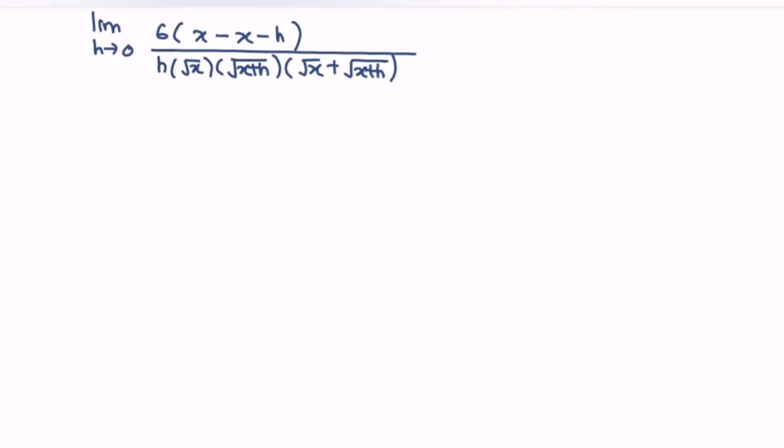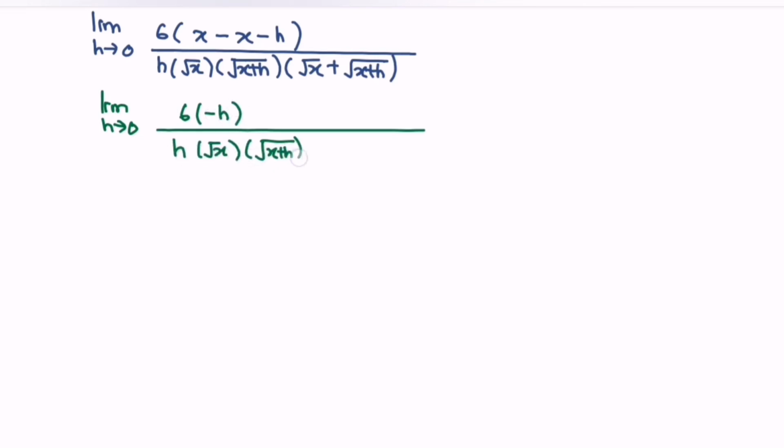Simplify the situation. The limit as h approaches 0, where we have 6 multiplied with negative h. We notice that we have common terms, so we can simplify. Kindly rewrite the situation.